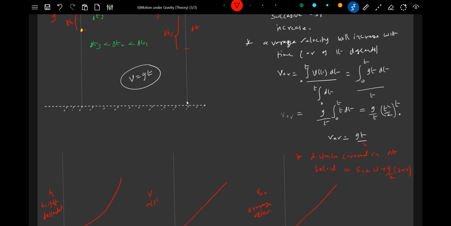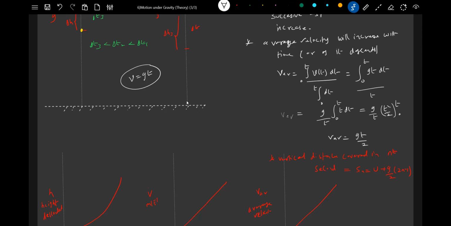So what is the height descended, distance covered? Anything you can put here. Distance means vertical distance here. Vertical distance covered in the nth second is given by this particular formula.